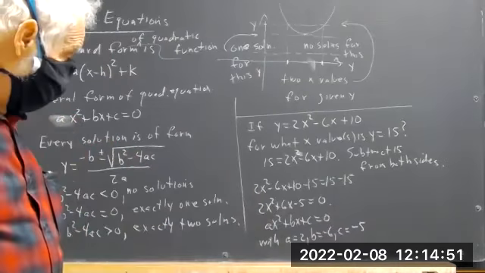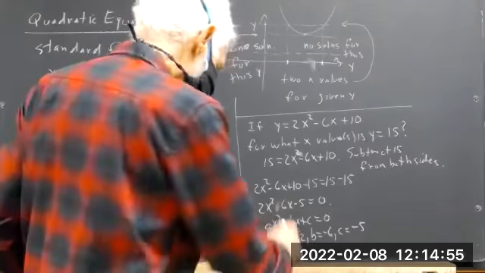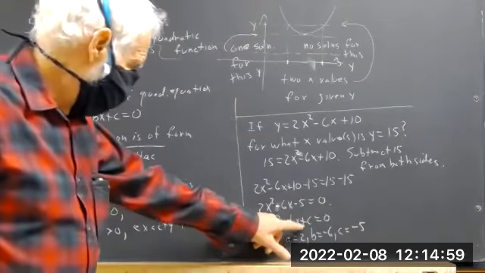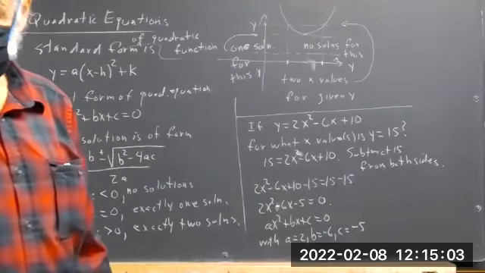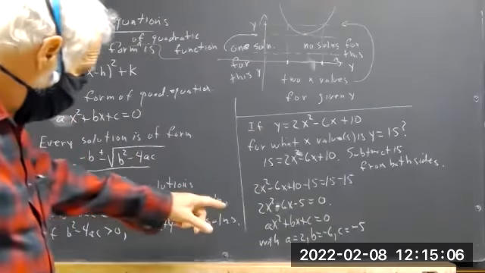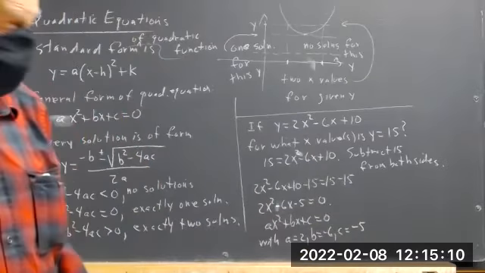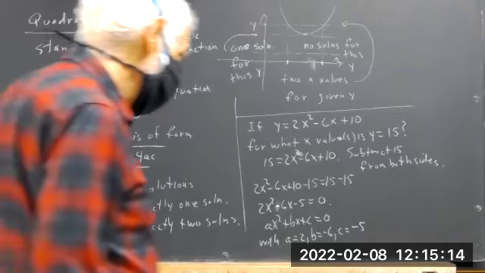That's 2. b is the coefficient of x, and it's minus 6. I put that down wrong earlier. And c is minus 5. So if you have an equation in this form, it's really easy. You just identify a, b, and c. Then hopefully you remember the formula.